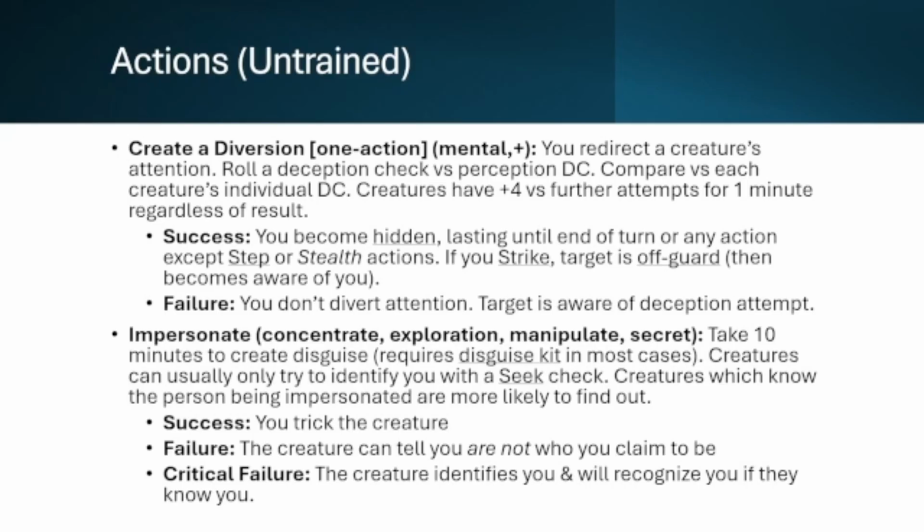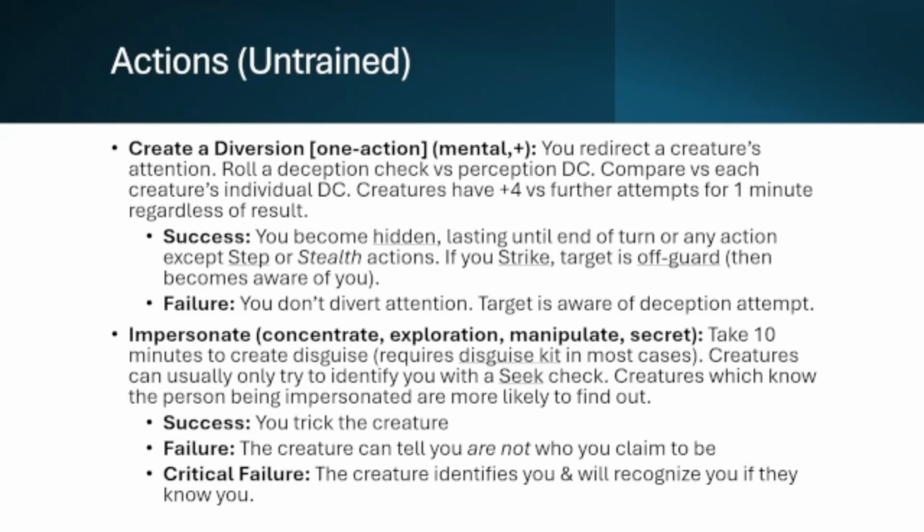So the way it works is the character impersonating someone takes 10 minutes to create a disguise. Usually you need a disguise kit, and if you don't have one, you usually create a worse disguise. The way that this works is either you're impersonating a specific creature, or you're just doing a general impersonation.